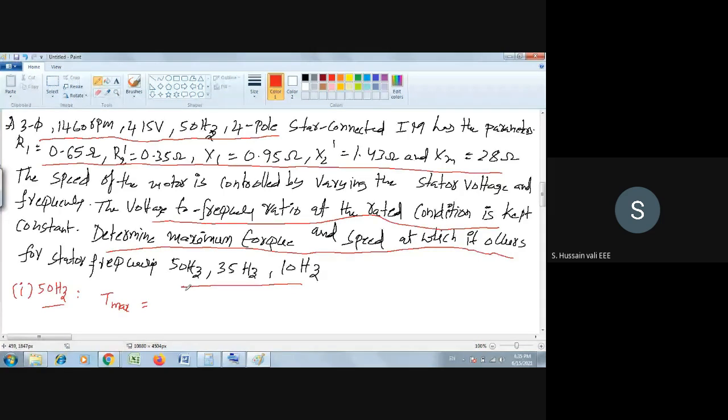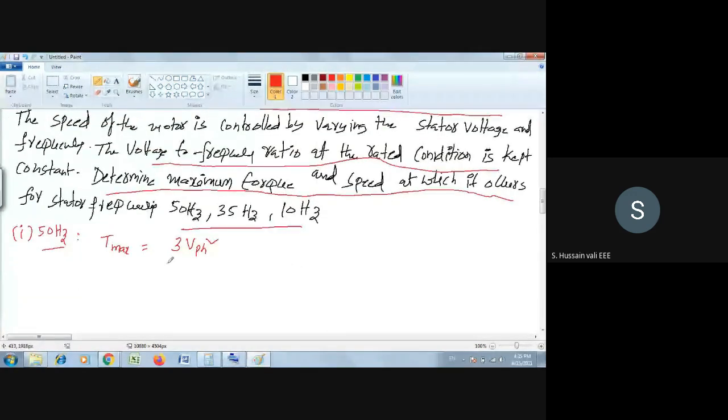The maximum torque equation: T max equals 3 V phase square whole divided by 2 omega s, into R1 plus square root of R1 square plus X1 plus X2 dash whole square. Okay, I think this is the equation.